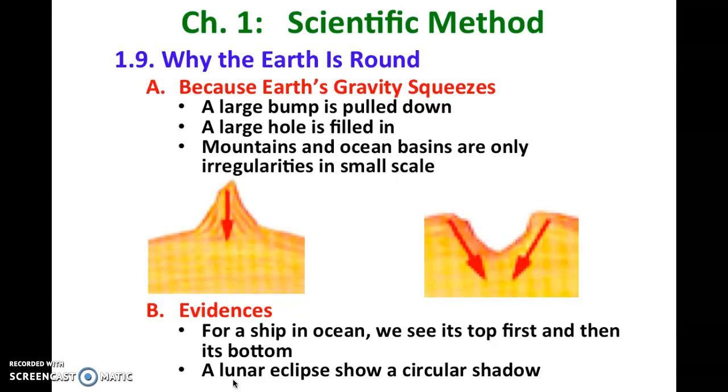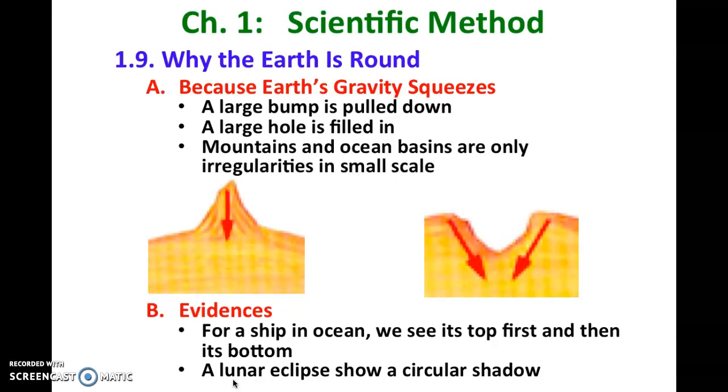Why is the Earth round? Because Earth's gravity squeezes, the Earth is round, not flat, without large bumps and big holes. Earth's gravity pulls a large bump down and fills big holes in.